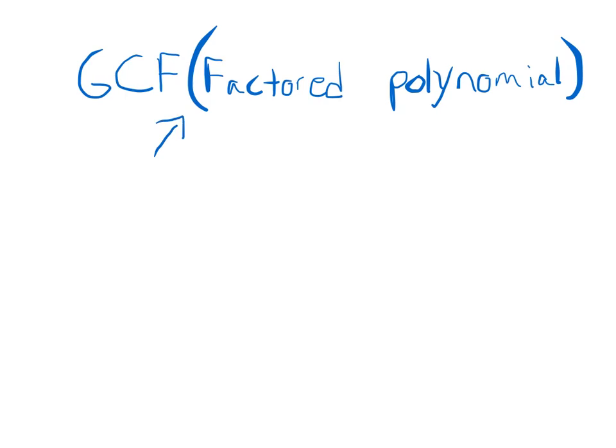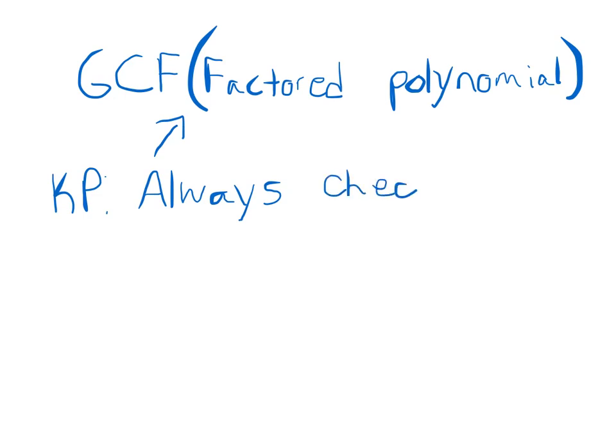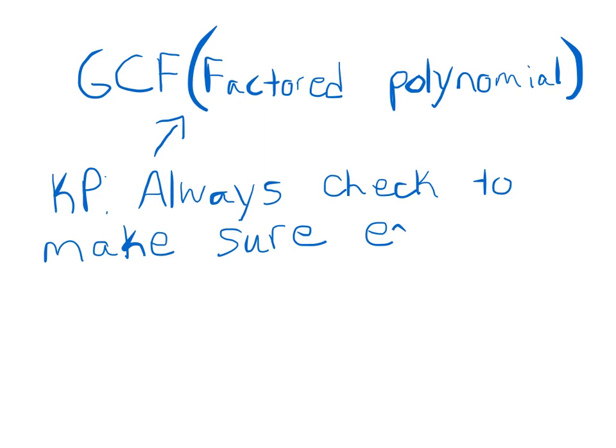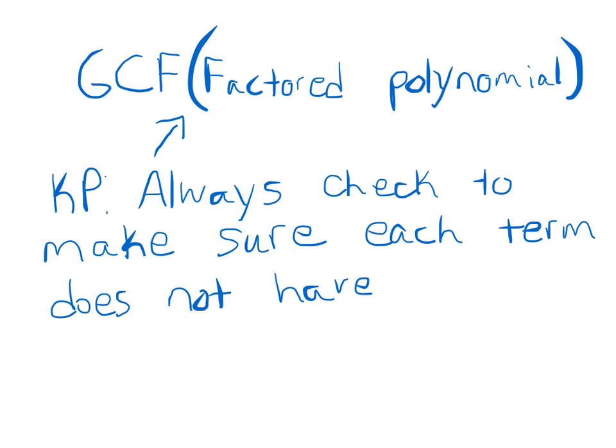Now, another thing with this is that we want to, and let's write this key point, and I'll explain why it's so important in a second, we want to always check to make sure each term does not have another GCF.